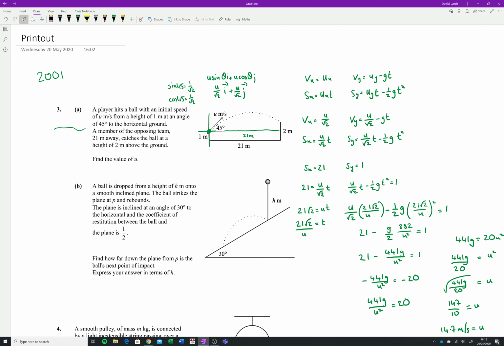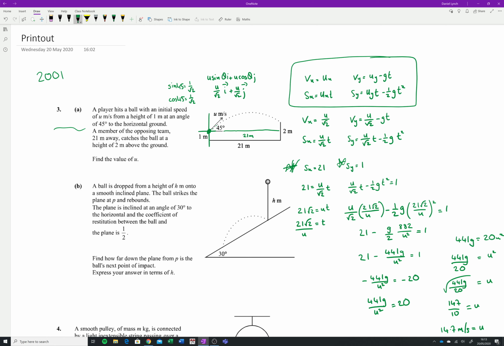It's starting off with finding out what the initial x value and y value are, knowing these things here, subbing them in, and then getting your conditions when the ball is being caught. So the conditions that are given to you in the question, that at the same time as it's traveled 21 along the x-axis, it will have gone up 1 on the y-axis.